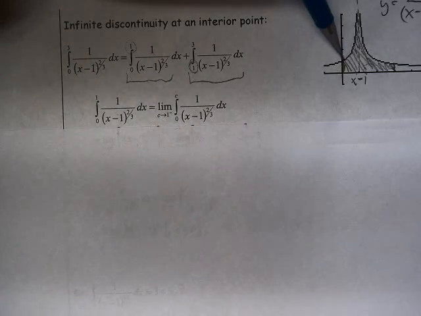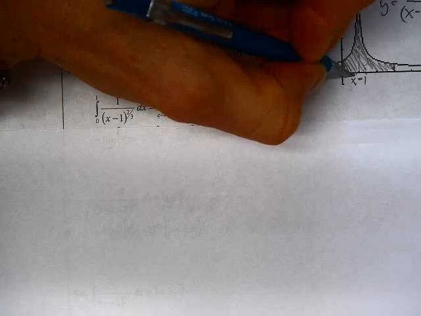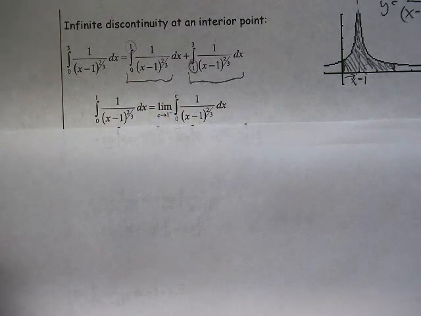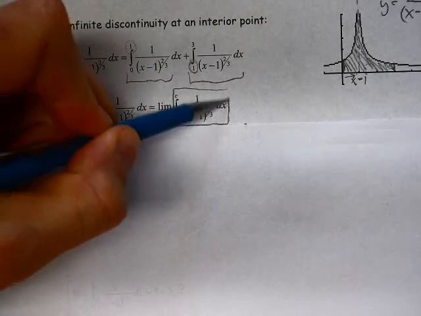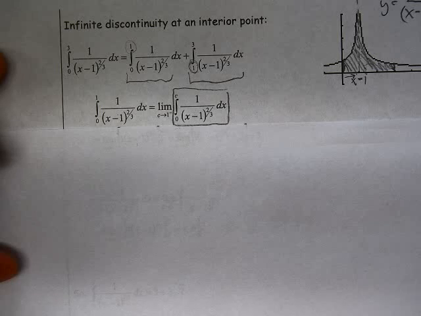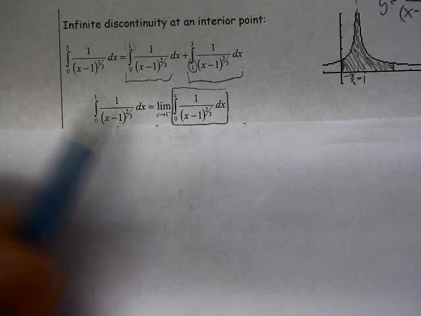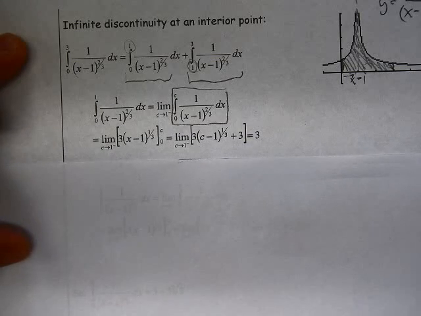Because as I'm going from 0 to 1, I want to approach 1 from within the interval, so I want to approach it from the negative side here. So I'm going to evaluate that definite integral, and then I'll take the limit as c approaches 1 from the negative.